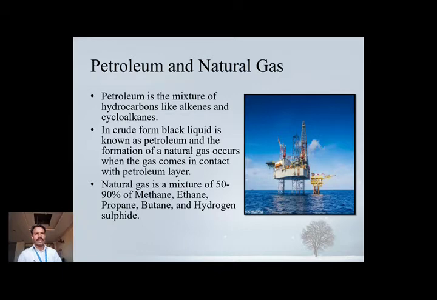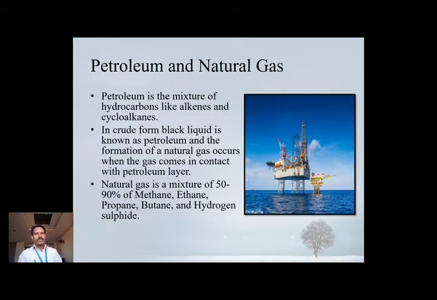Later we will give some examples. The black liquid crude is known as petroleum. The crude oil is black in color. The formation of natural gas occurs when gases come into contact with the top side of the petroleum layer.